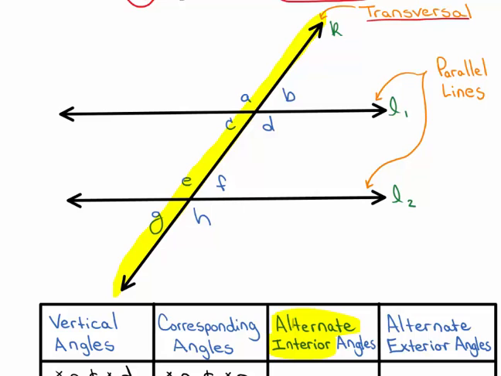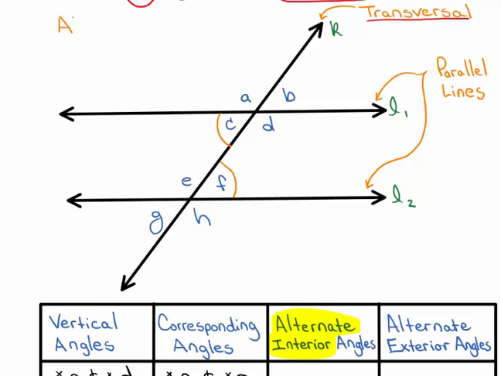So in between the two parallel lines. So if we were to look here, which angles are alternate interior angles, those would be like angles C and angle F, because they're on opposite sides of the transversal and they're on the inside of the parallel lines.